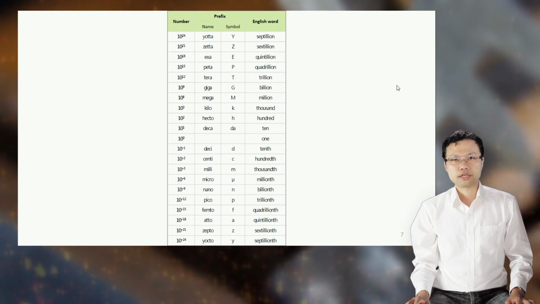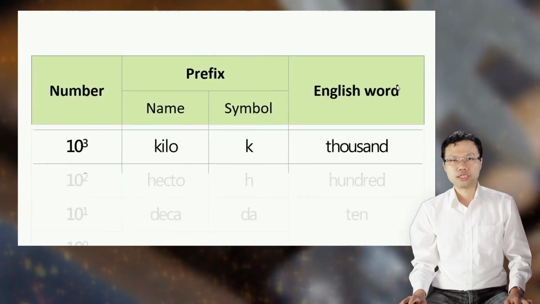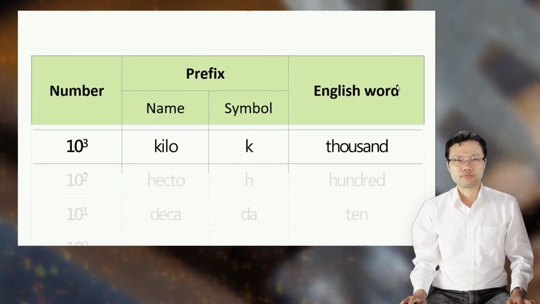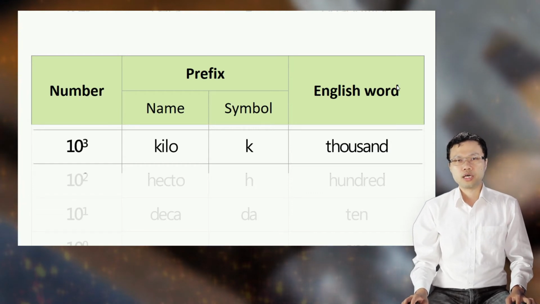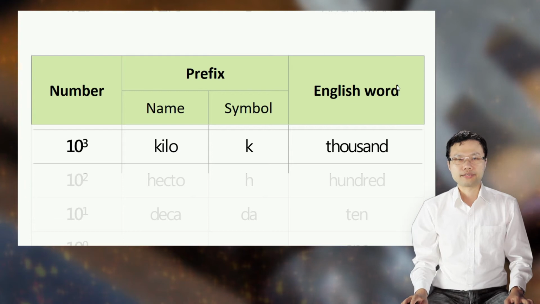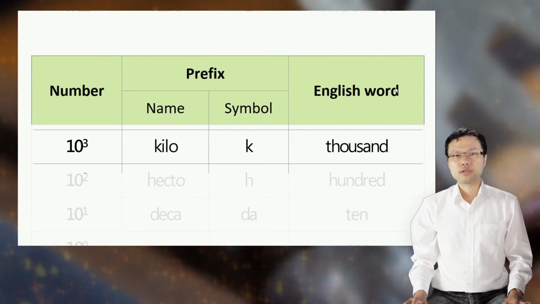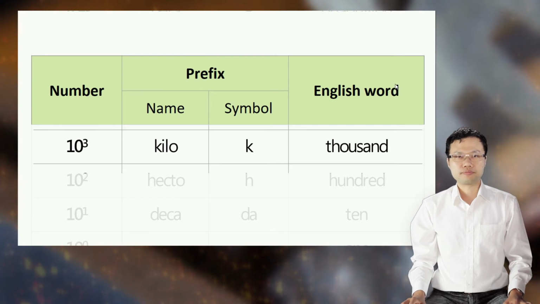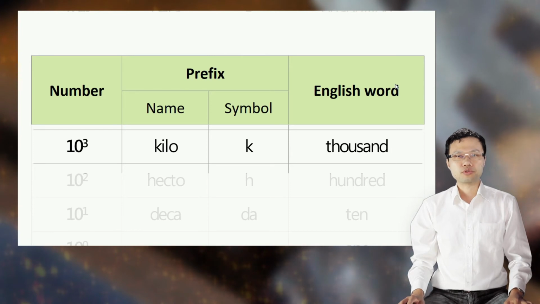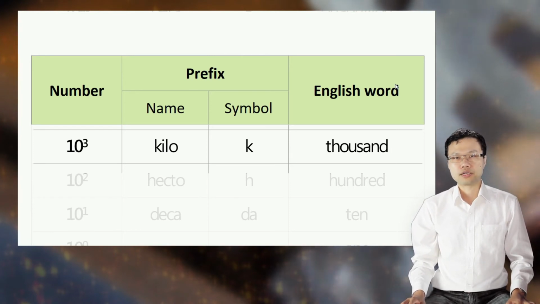The order of magnitude 10 to the power of 3 is 1,000. The corresponding metric prefix is kilo, abbreviated by K. For example, 1,000 meters is 1 kilometer. The orders of magnitude between 10 to the power of 3 and 10 to the power of 5 are counted by units of kilo.